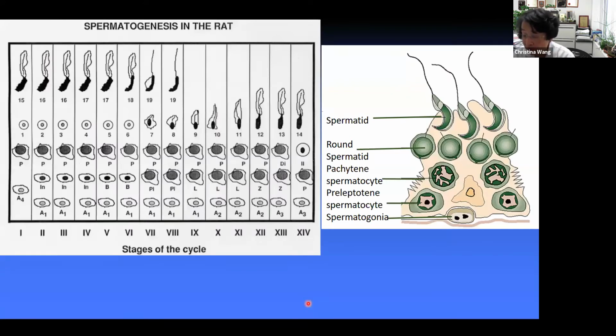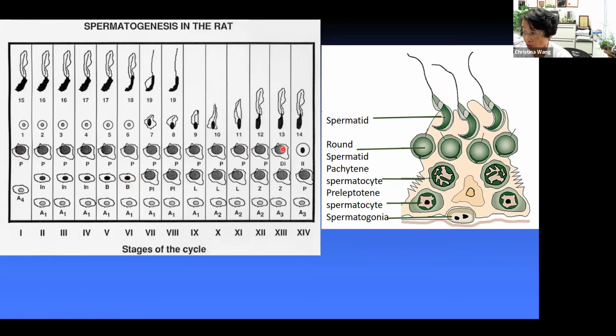Now, the seminiferous tubules and epithelium of this seminiferous tubule are arranged in these stages of spermatogenesis, and this is a wave, so that the immature spermatogonia go to the more mature spermatogonia differentiation, and these are all the spermatocytes.